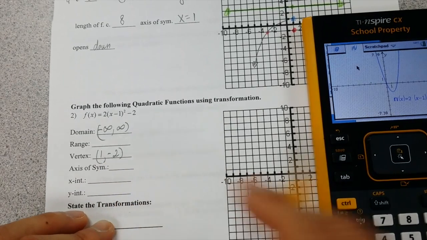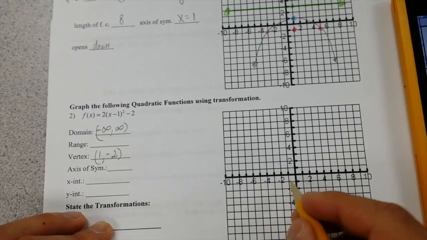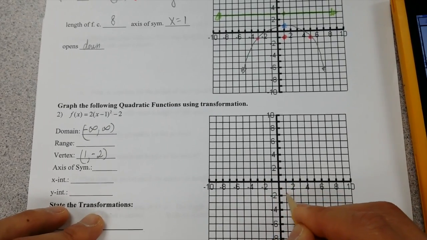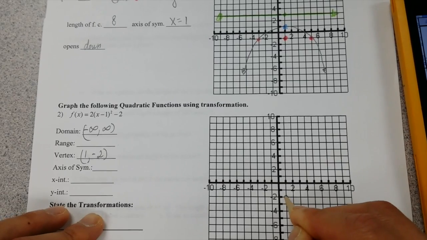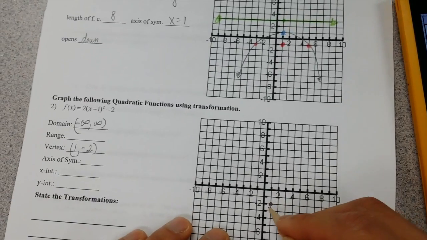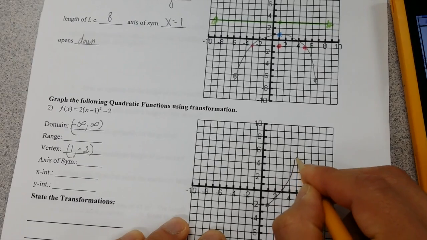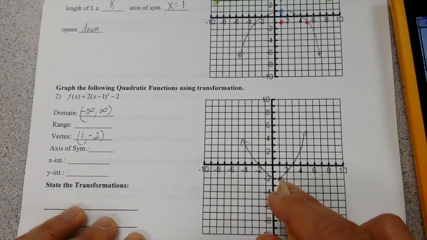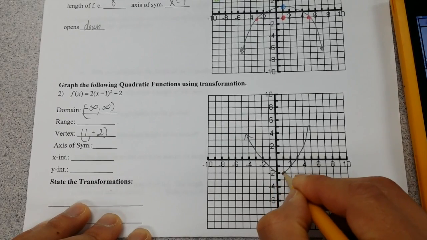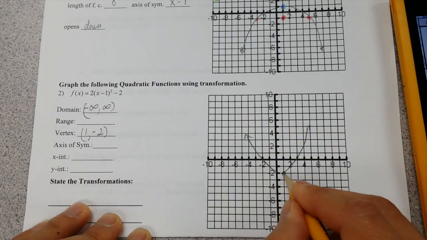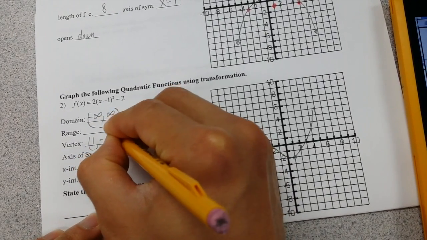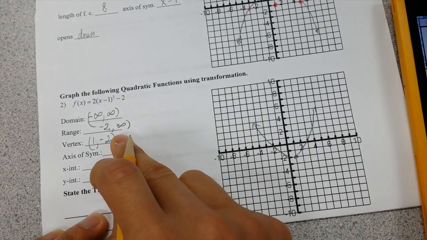That's the vertex. So let's plot our vertex as 1, down 2. As you can see, this is the point where the graph starts, the vertex. So it goes from here all the way up. So from negative 2, it goes all the way to infinity.